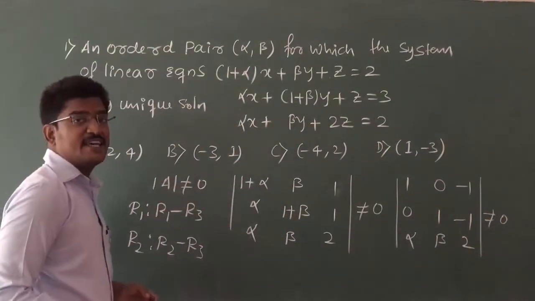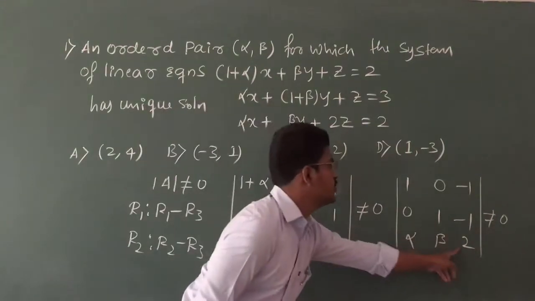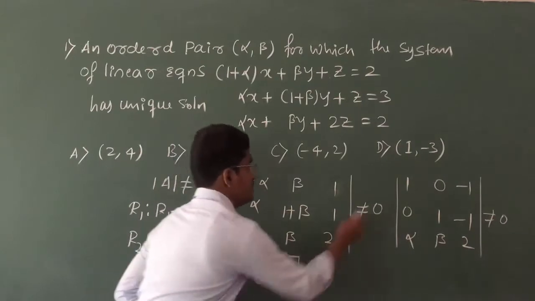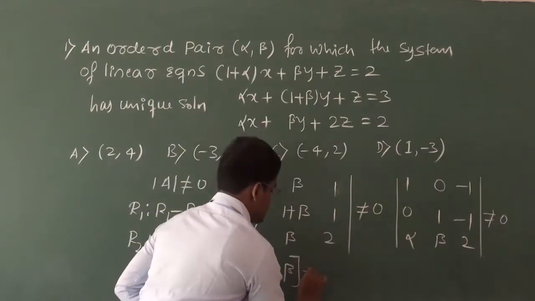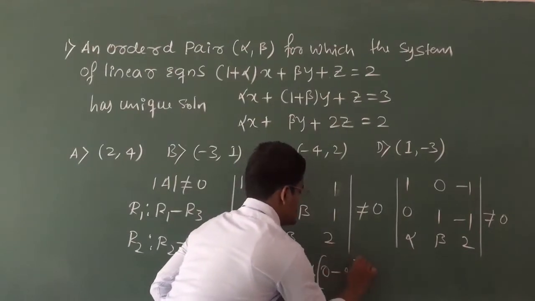The last row remains as it is, and the determinant must be not equal to 0. Now let us expand it: 1 into 2 plus beta, the middle term is 0, and the last term is minus 1 into 0 minus alpha.